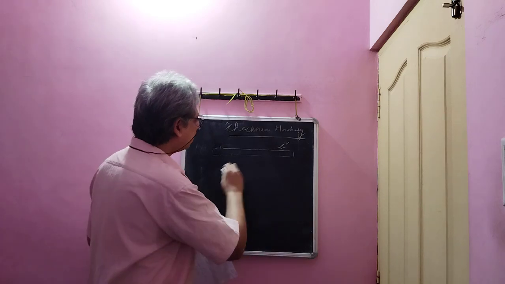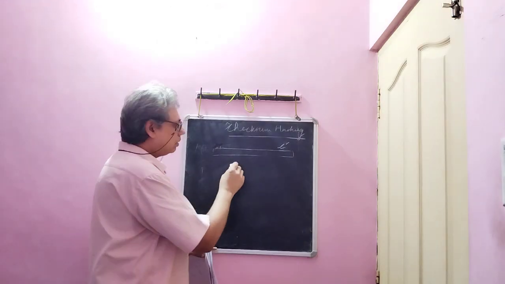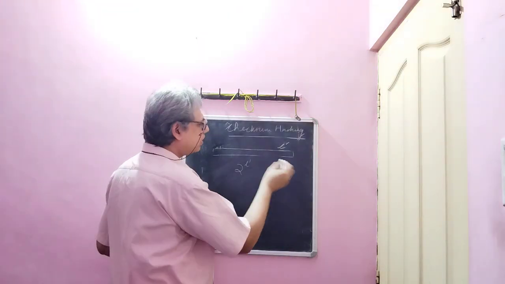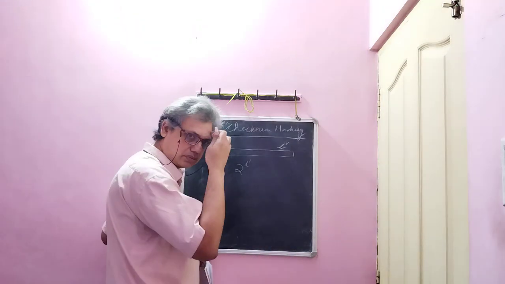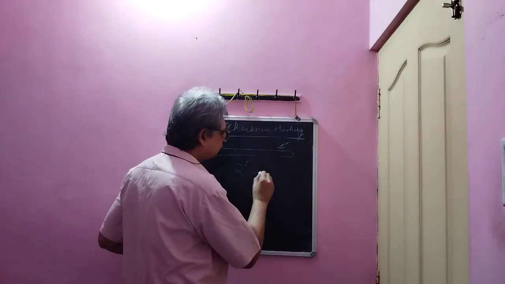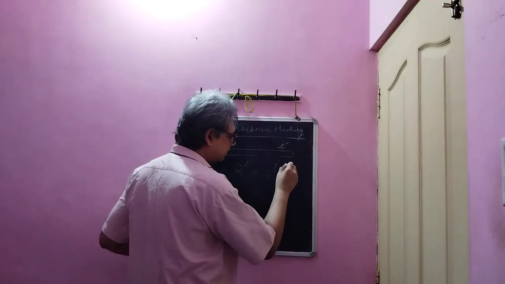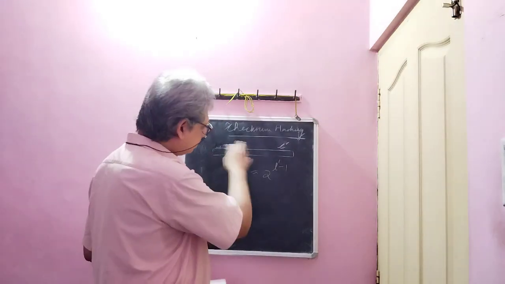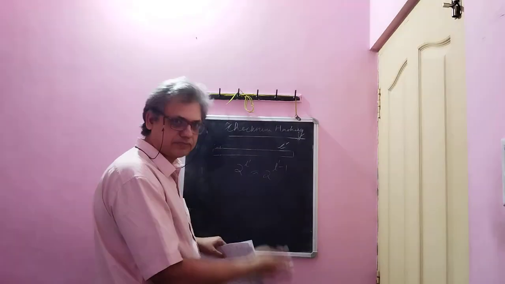Now, if we take a binary string, there are 2 power L dash possibilities. But only half of them we need to consider, which comes up to nearly 2 power L dash minus 1. Let us try and see whether this idea is feasible or not.